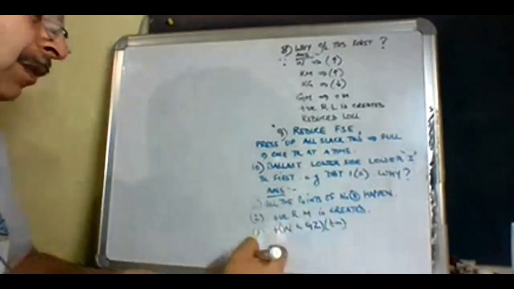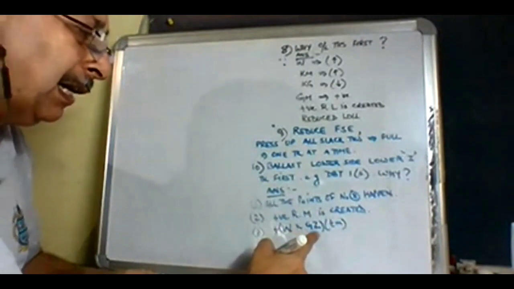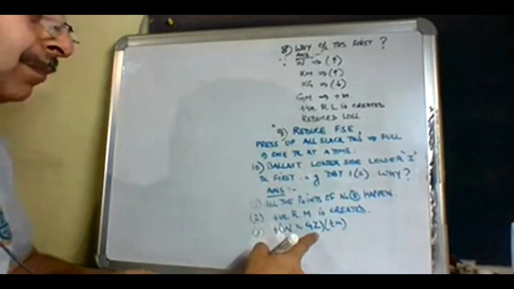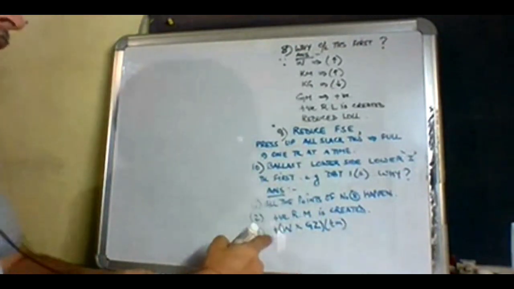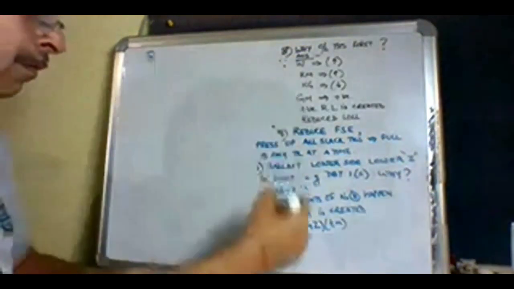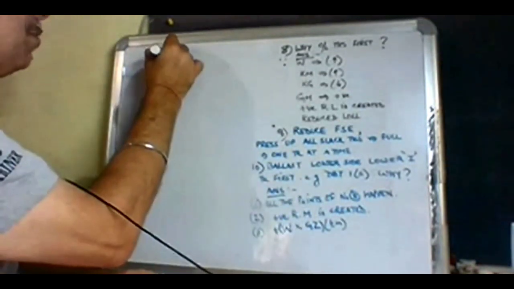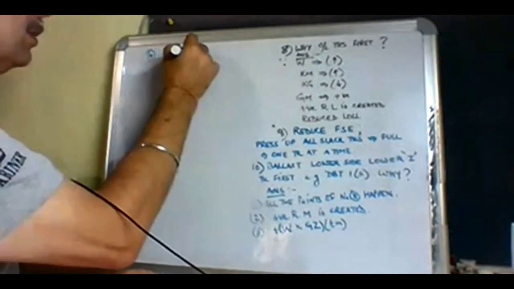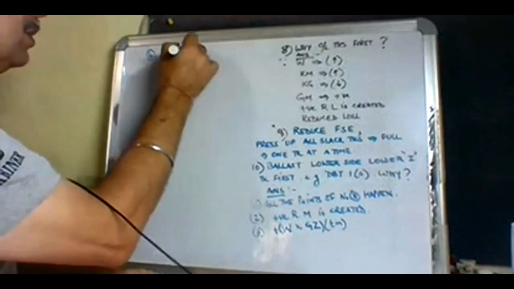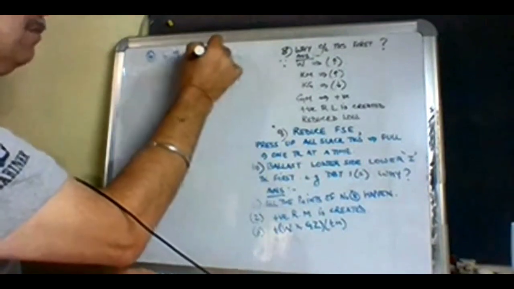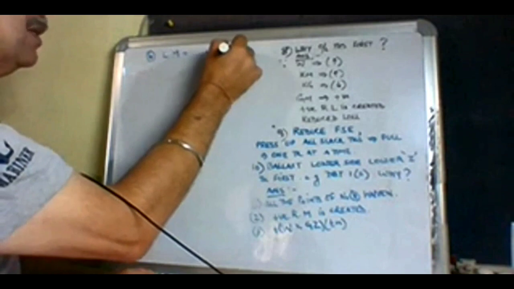Simultaneously, a listing moment is also created, which will be w into d.